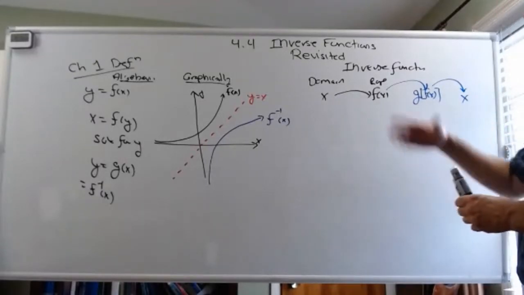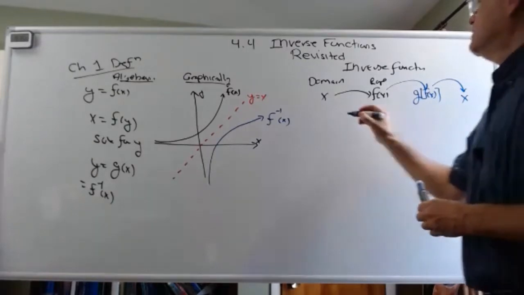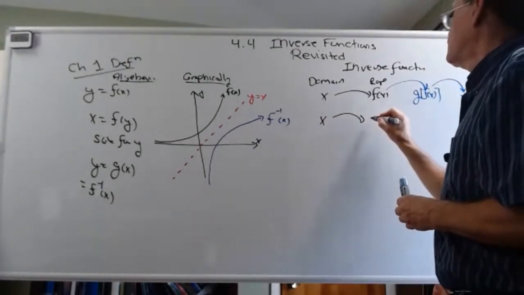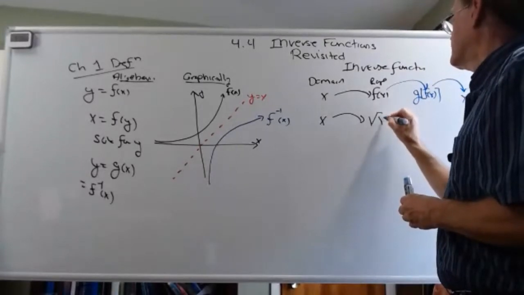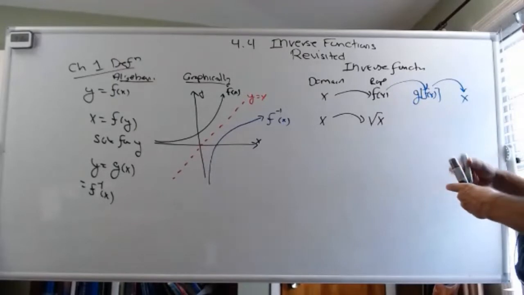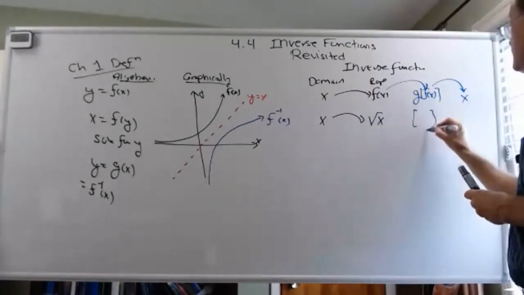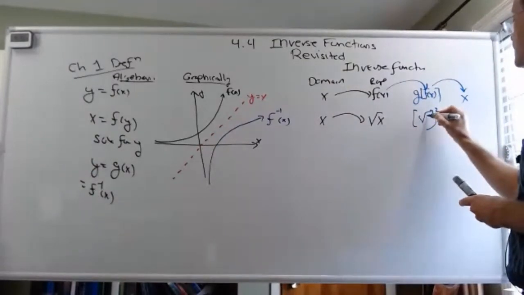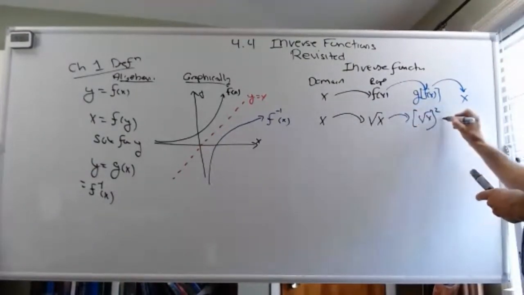That's the idea. It undoes what you did. For example, I take the square root of x, and then I put that root of x into a squaring function. So I square my square root. That gives me back x.